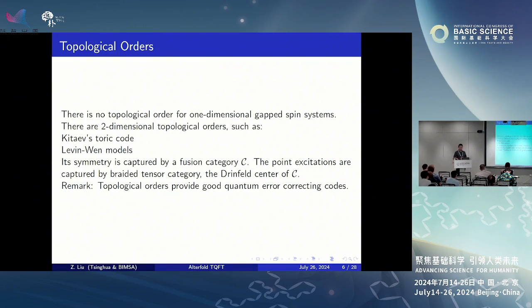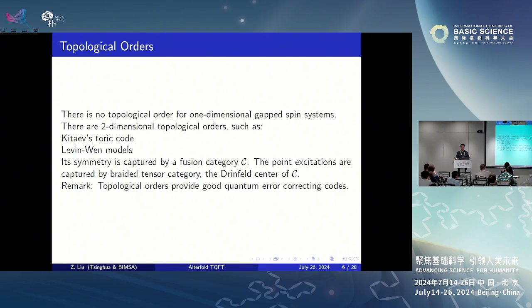In general, Levin and Wen studied more general symmetry that's beyond this kind of group-like symmetry, given by categorical symmetry. The ground state actually captures the very interesting categorical symmetry, and that produces highly entangled states with interesting entanglement.